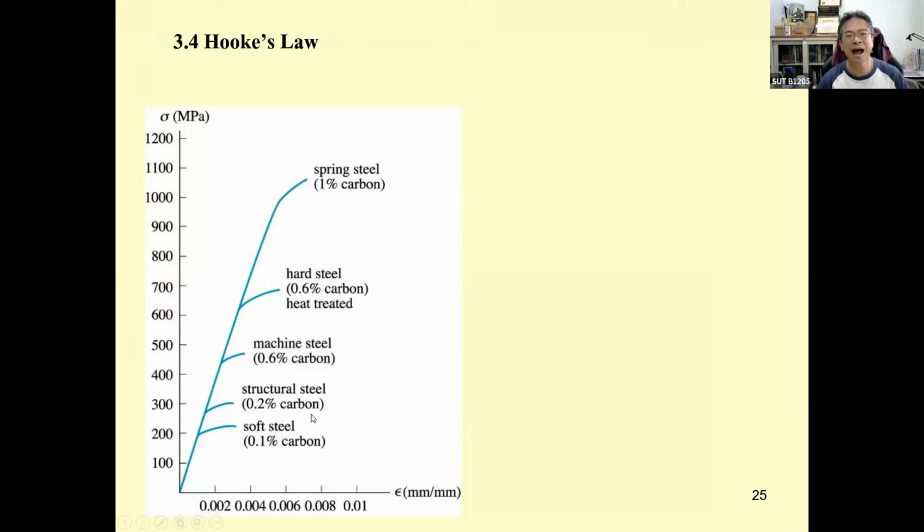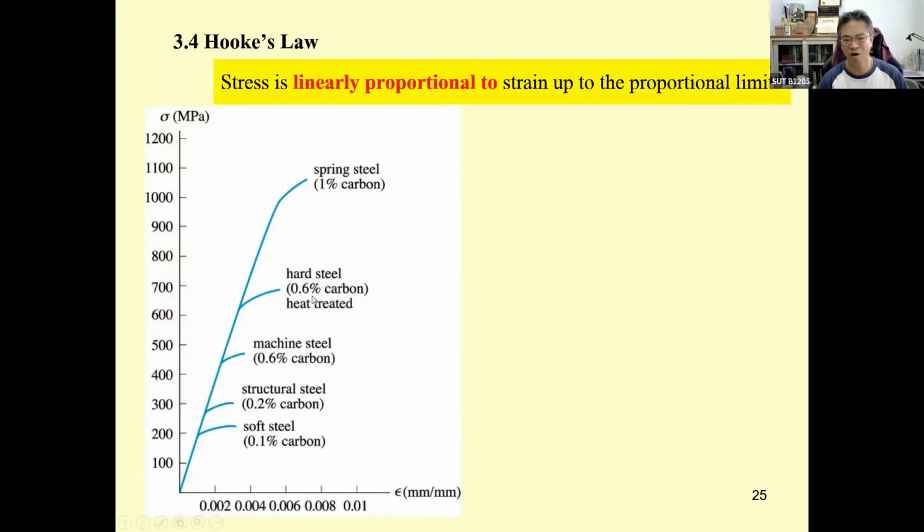Last time we ended at Hooke's law. What Professor Hooke found is that the stress is linearly proportional to the strain up to the proportional limit, as I told you.